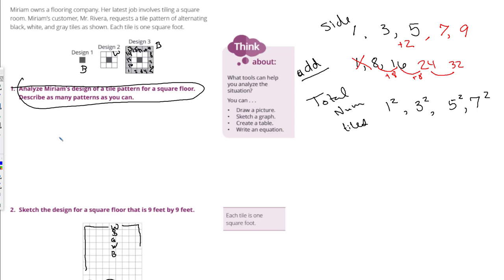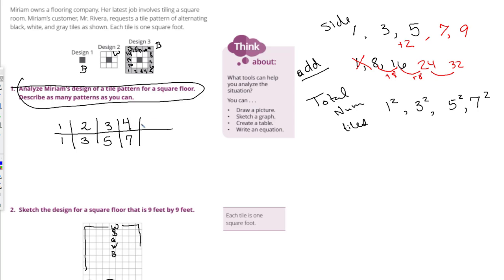So, for design 1, I had 1 for my side. For design 2, I had 3. Design 3 was 5. Design 4 was 7.